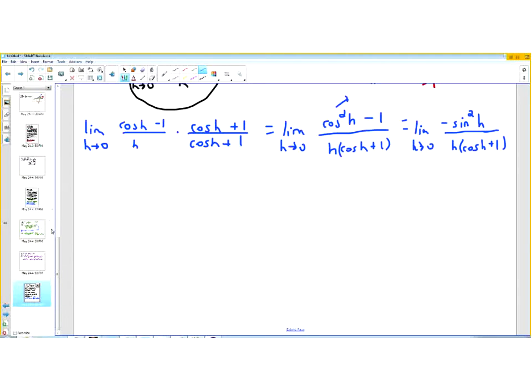This would be the limit as h approaches 0 of negative sine h over h times sine h over cosine h plus 1. And so distribute the limit operator term by term in the product of those two functions.